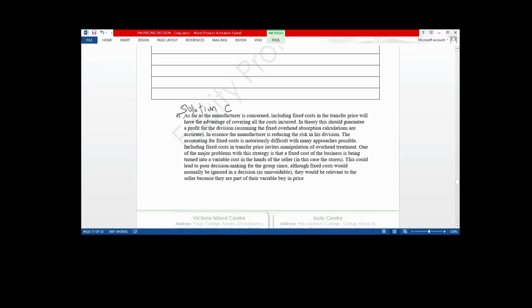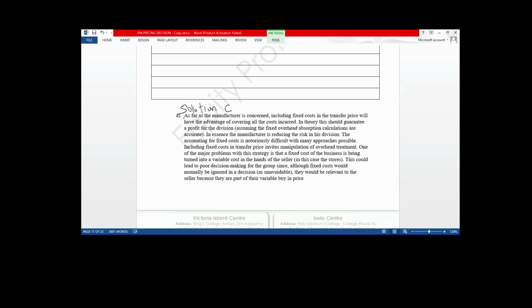As far as the manufacturer is concerned, including fixed costs in the transfer price has the advantage of covering all the costs incurred. In theory, this should guarantee a profit for the division, assuming the fixed overhead absorption calculations are accurate.